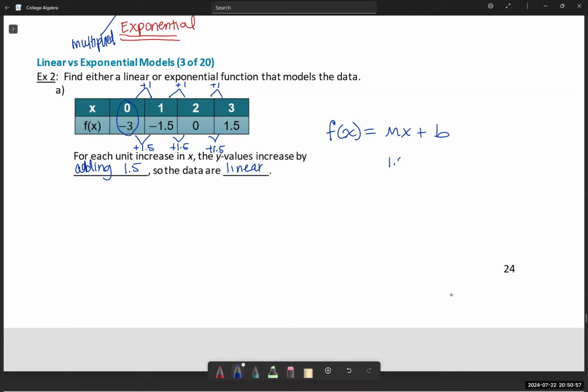In this case, it's 1.5 for every x plus our initial value, which was -3. To clean that up, we'll have f of x equals 1.5x minus 3, where 1.5 is our rate of change. This is how the graph is changing. And then this is where it begins, so the y-intercept.